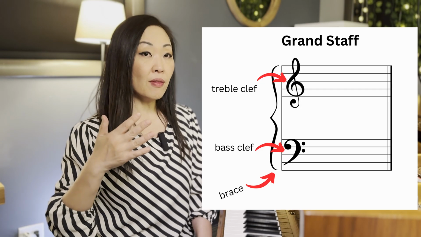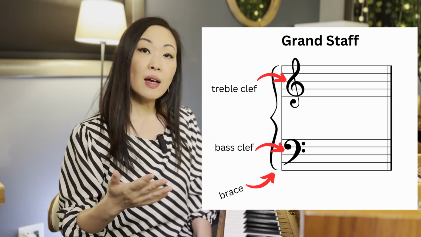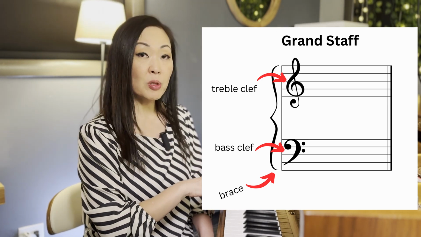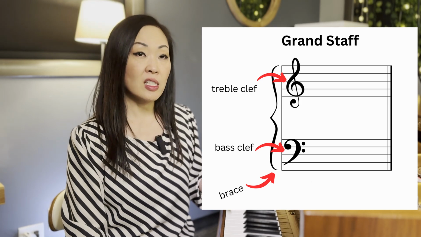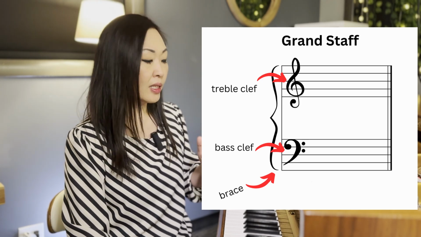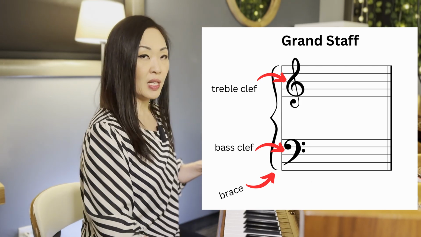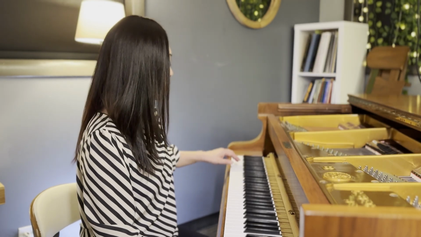The upper staff, which usually has treble clef, is for the right hand, for the higher notes on the piano. The lower staff usually has bass clef, and our left hand just by naturally plays the lower notes on the piano.